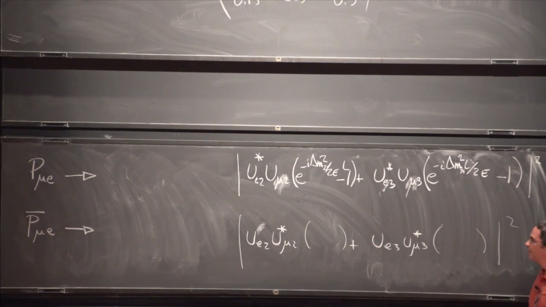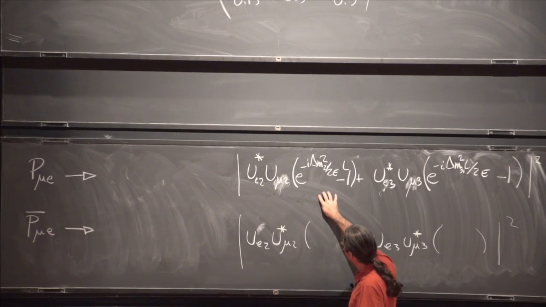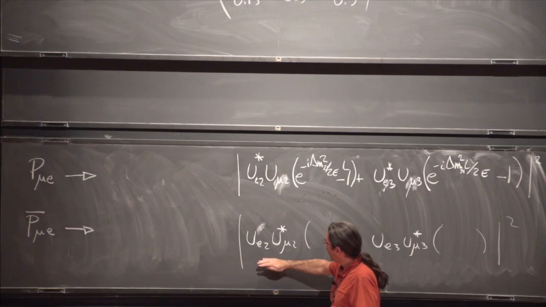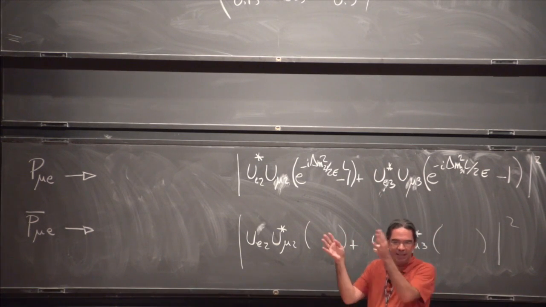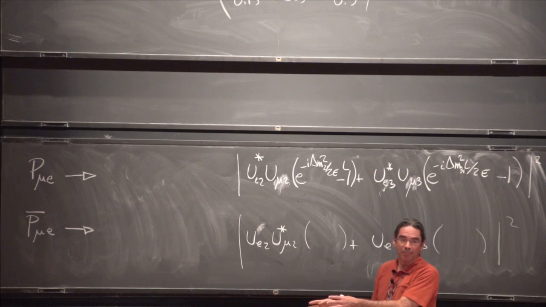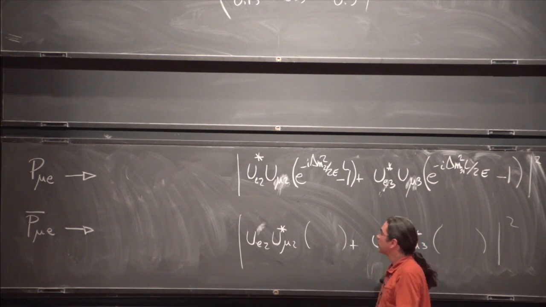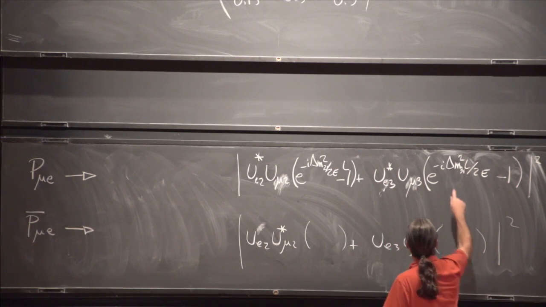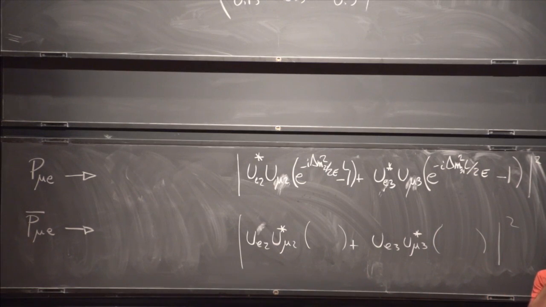That's easy to see because here you would have a complex number that goes like a times b. This would be a star times b, and the magnitude of a times b is the same as the magnitude of a star times b. Is that clear? So again, if you want to have a non-zero effect, that means that both of these terms have to be non-zero.